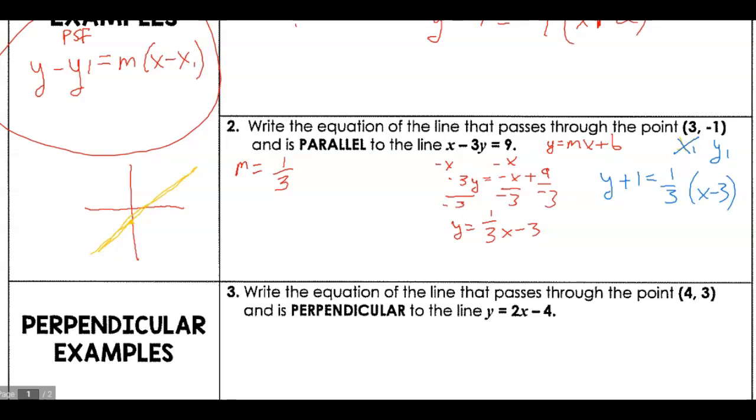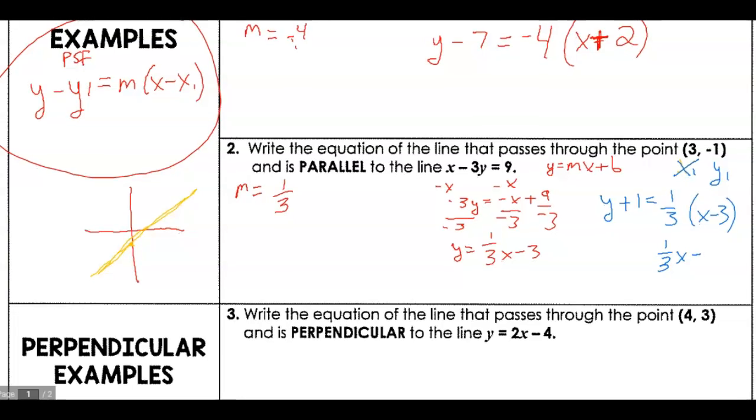Now just to show you guys what happens, I'm going to solve this one here. On your homework, stop here. But if I did do my distributive property, I would have 1/3 x, and 1/3 of 3 is 1.